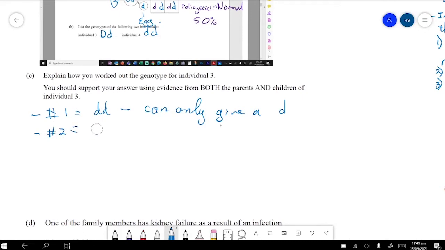Now you obviously have to write the words when we do this, okay? And she can give both. Now, number 3 displays the disease, so he has to have one dominant gene, and the dad could not give a dominant gene, so it has to be a heterozygote.